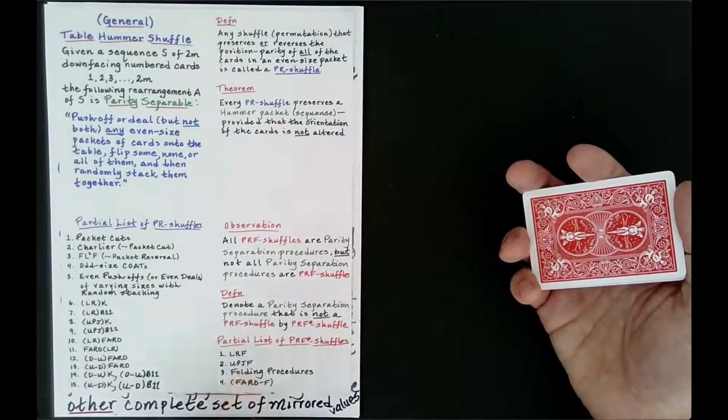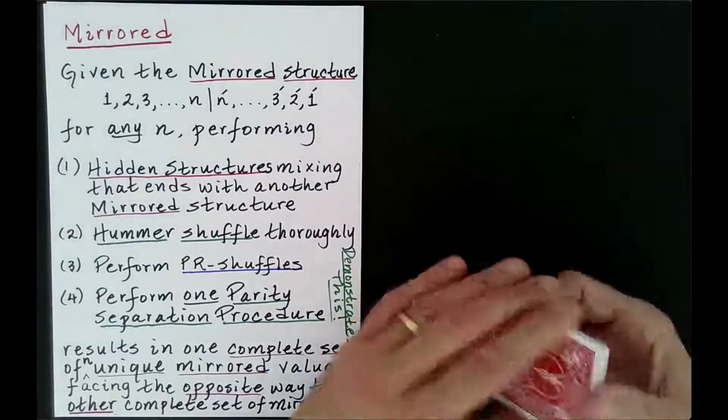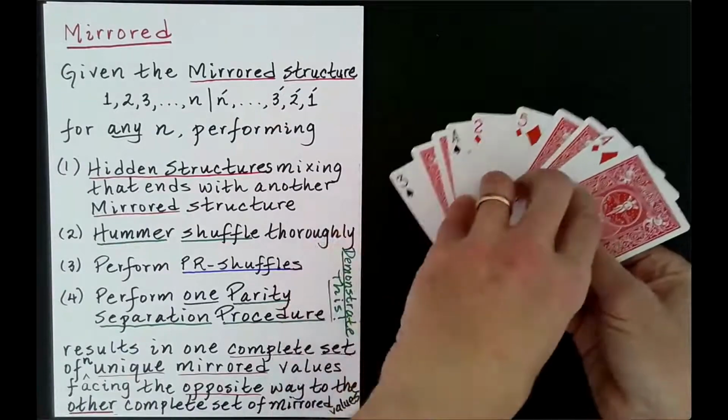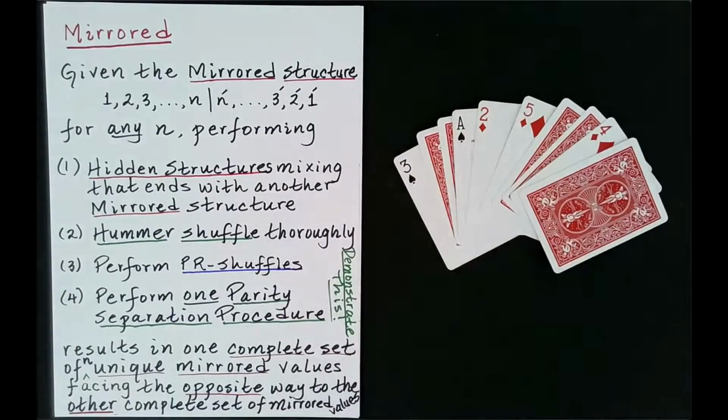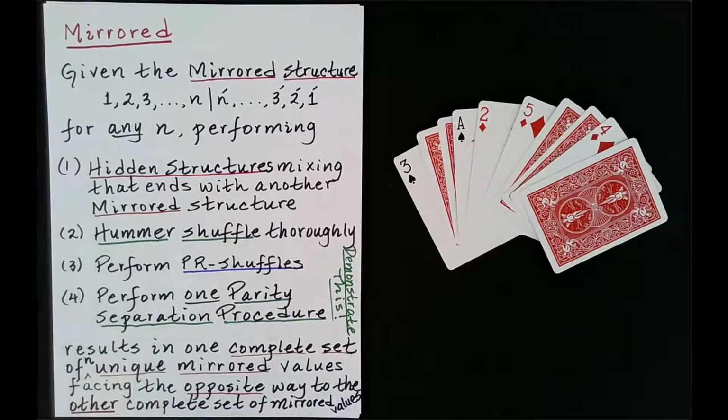Up jog, random flip. Okay, so now what should be the case, if I haven't messed up here, is we have one complete set of 5 unique mirrored values facing the opposite way to another complete set of distinct mirrored values.